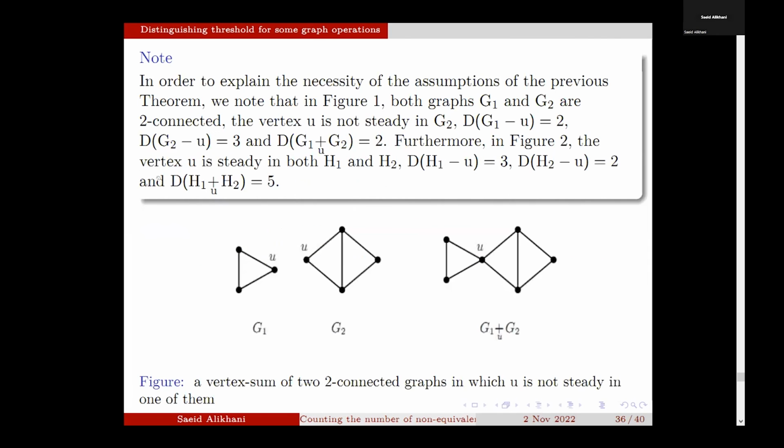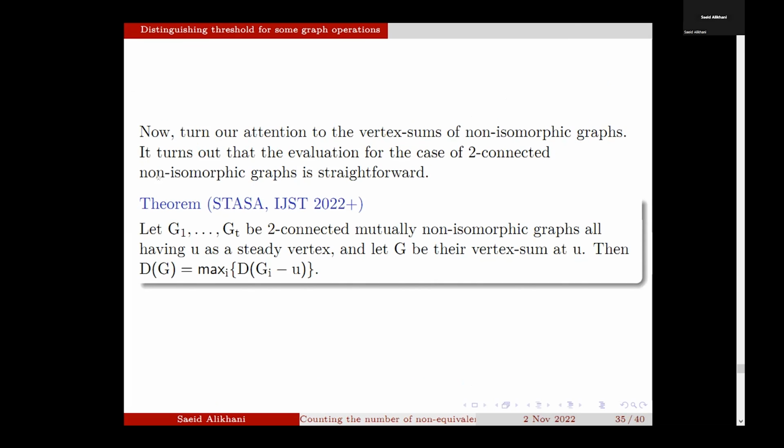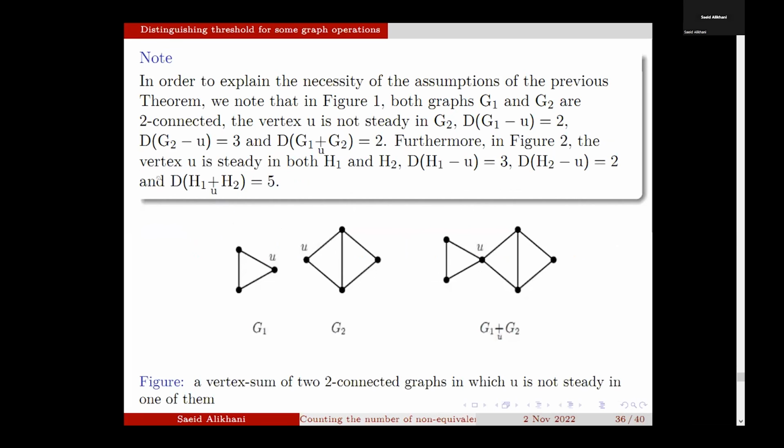And note that in this theorem, the necessity of the assumptions is important. For example, in this figure, G1 and G2 are two connected graphs.